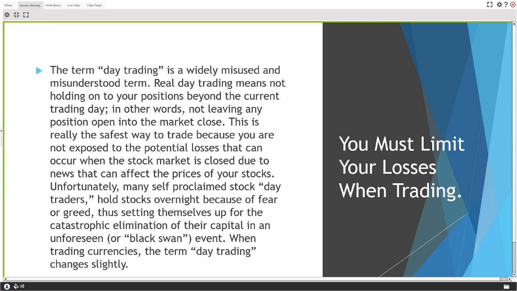This is one of the biggest ways that I see new traders lose, is that they are red and they let their red go bigger and bigger and bigger. And if you've traded before in the past, I'm sure you have experienced this at least once where you say to yourself, all right, I'm currently down $100. I think it's going to come back up. All right, okay, I'm down $200. All right, let's just give it a few more seconds. Just a couple more seconds here.